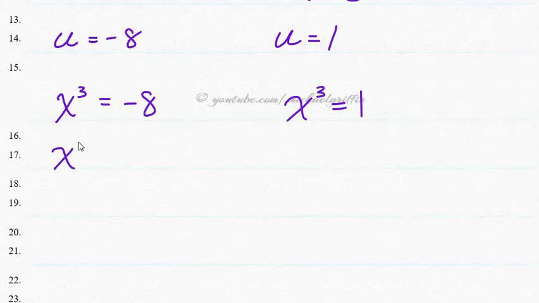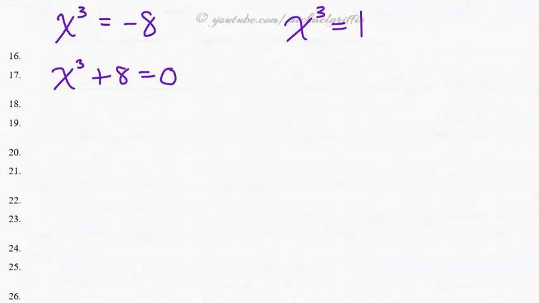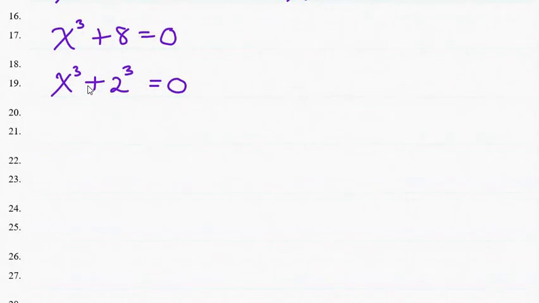This is x cubed plus 8 equals 0, which can be rewritten as x cubed plus 2 cubed. That's the sum of two cubes, and there was a formula that we used. I think it was in intermediate algebra that we talked about this.